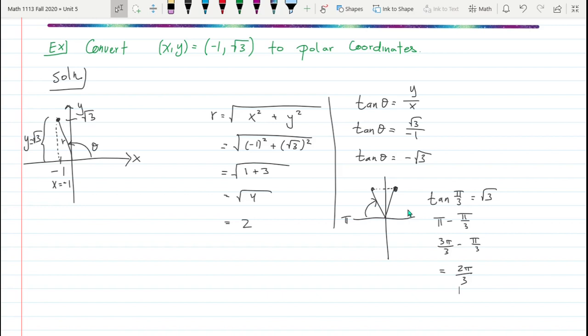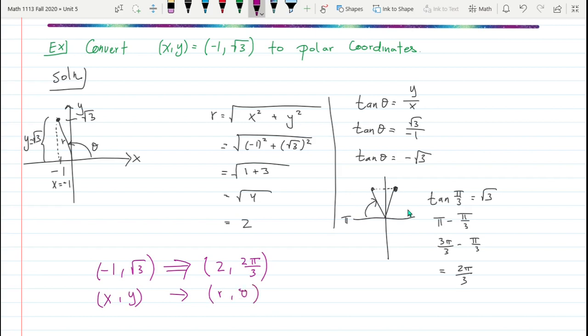So when we finish, we figure out that the point negative 1 comma square root of 3 is the same thing, once it's been converted to polar coordinates, as 2 comma 2 pi over 3, right? This is an xy, but this guy right here is going to be an r theta.